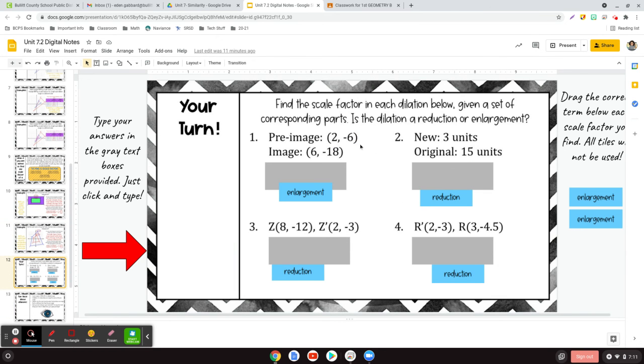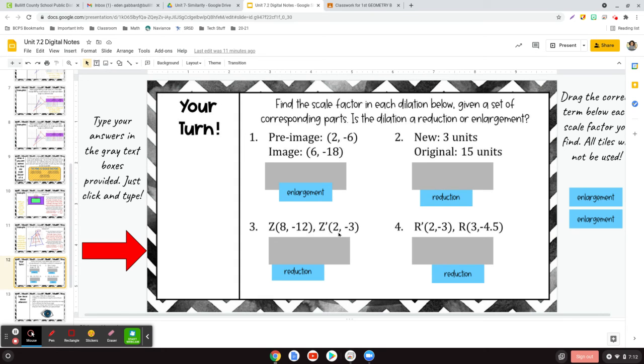So on here, we're finding if our scale factors create a reduction or an enlargement. Well, from our number 1, it's an enlargement because we are going from 2 to 6, it's getting bigger. On 2, they're kind of trying to trip you up because they switched it from original to new and went back and forth. So our original is 15, and we went to 3, so it's going to be a reduction. On 3, our original image here is this 8,12 because this second image or point has that prime mark.